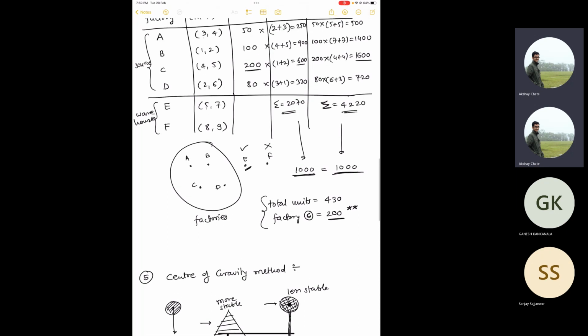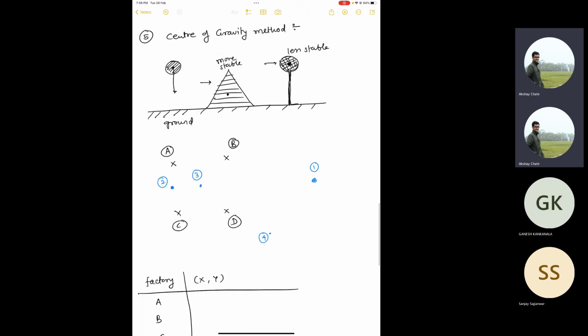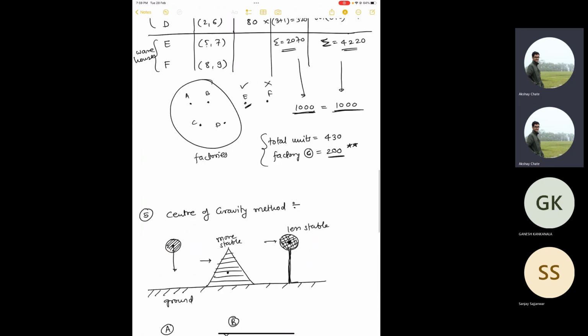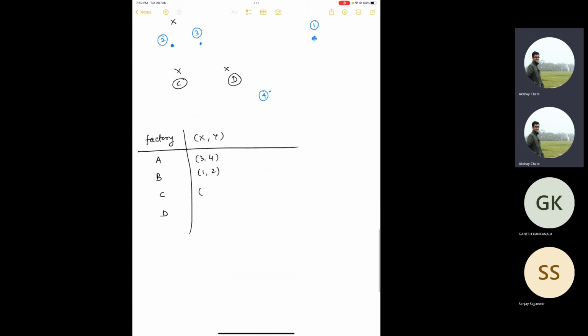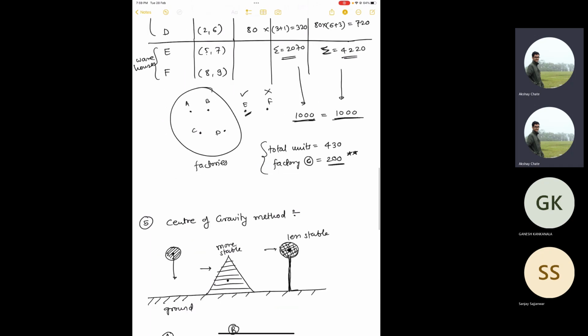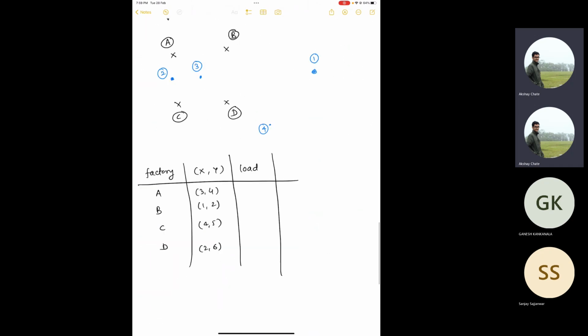So we'll get 3, 4, 1, 2, and I think 4, 5, and 2, 6. So we are taking the last example only, but now the question is different. Now the question is not that you have two options. Now the question is, you yourself are going to create one warehouse. So where do you want to put it?